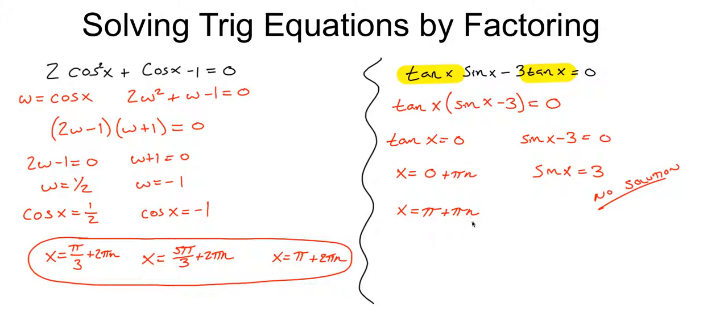Now, the last thing we notice is that all the solutions for this first one overlap with all the solutions for the second one, so we don't actually need both. We can get rid of this one because if I take 0 plus pi n, I'm going to get pi, the same thing as when n is 1 in the second one. So really the only solution I end up with is 0 plus pi n. Or in other words, I could just say x is equal to pi n, where n is the number of rotations.